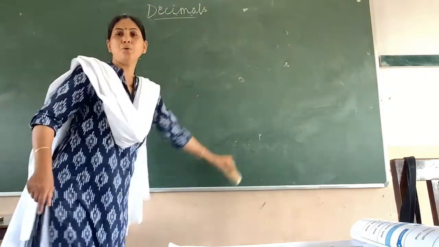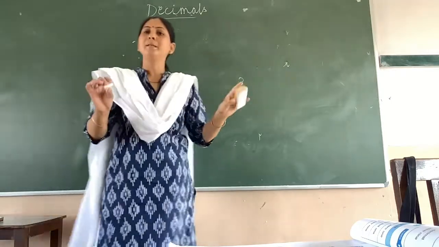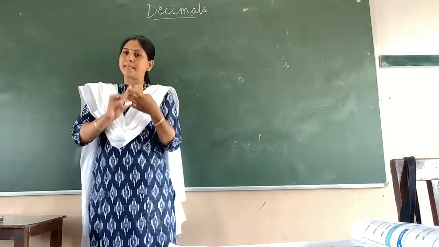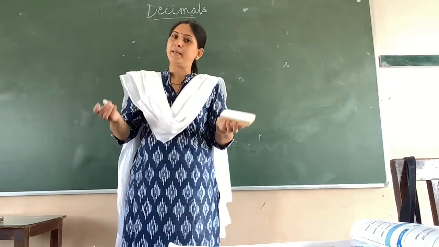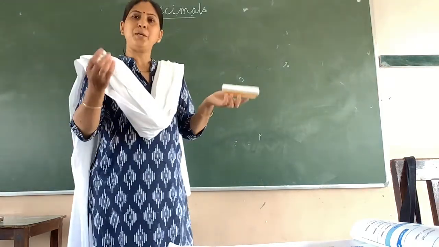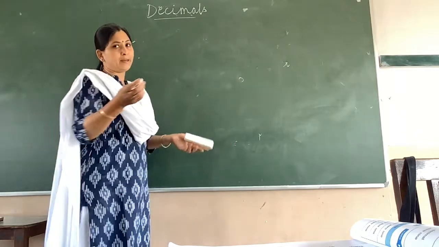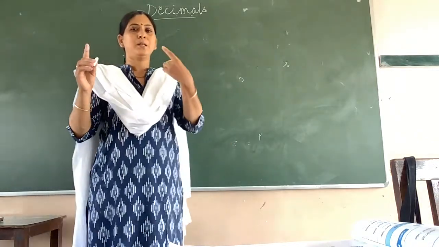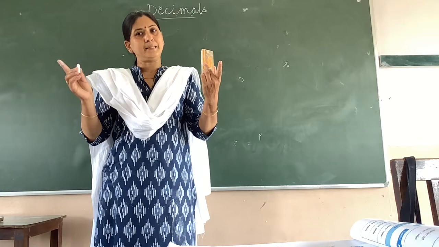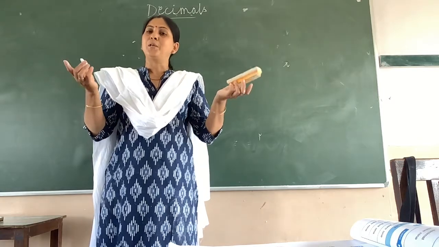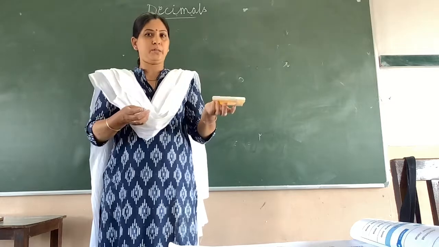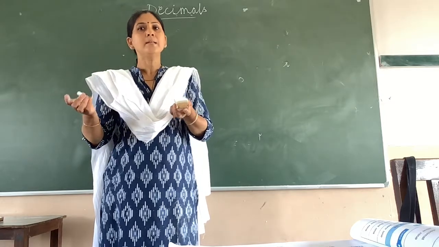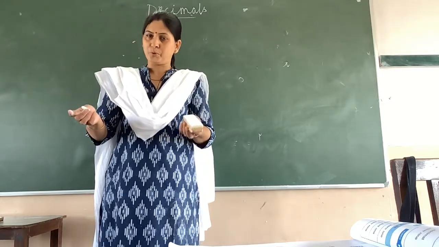So now you know that a number that is written with a decimal point is called a decimal or a decimal number. And you know a decimal number can be divided into two parts, the whole number part and the decimal part. And you know now that any fraction can be written in decimal form also.